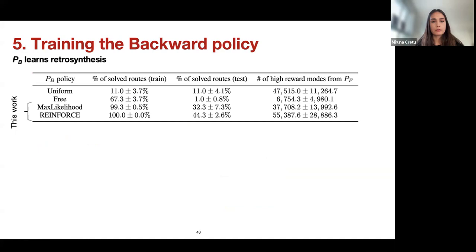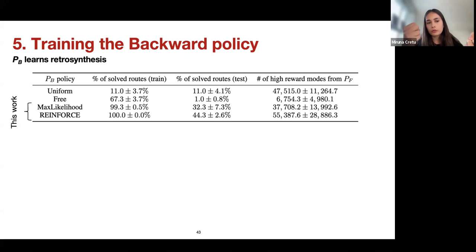The backward policy, which I was mentioning, is sort of tapping into retrosynthesis. I'm looking here at the percentage of solved routes. That means how many times the backward policy managed to decompose this bulky terminal structure into its constituent building blocks.